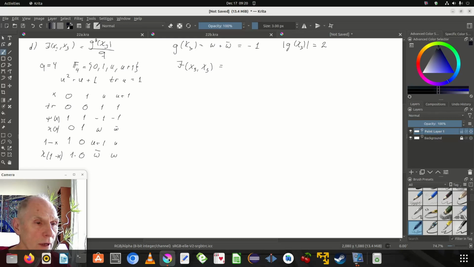So we multiply these two, that's unity plus unity. That equals 2. That makes sense.